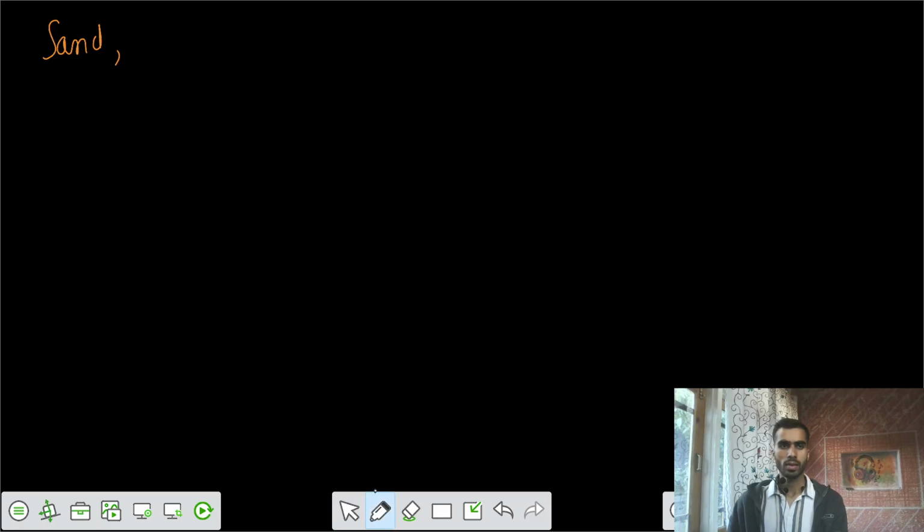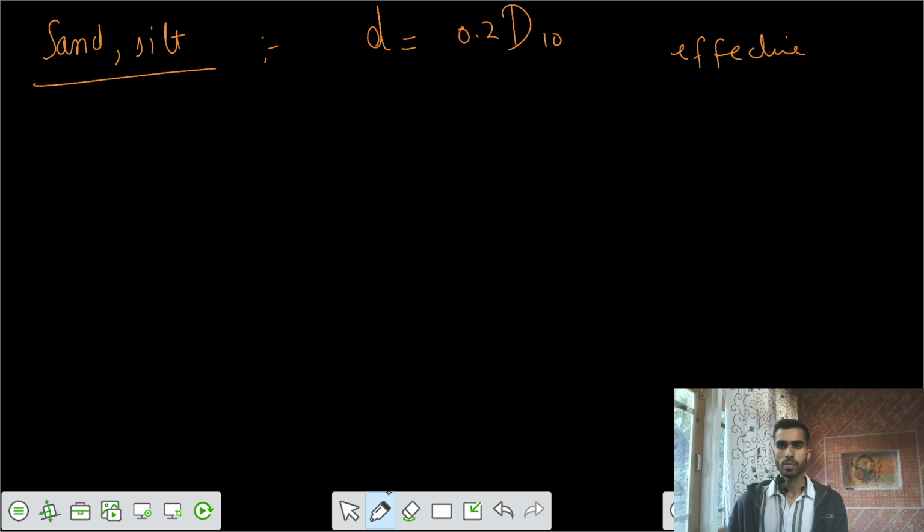For sand and silt, we substitute d equals 0.2 times the effective diameter D10. D10 is your effective size.